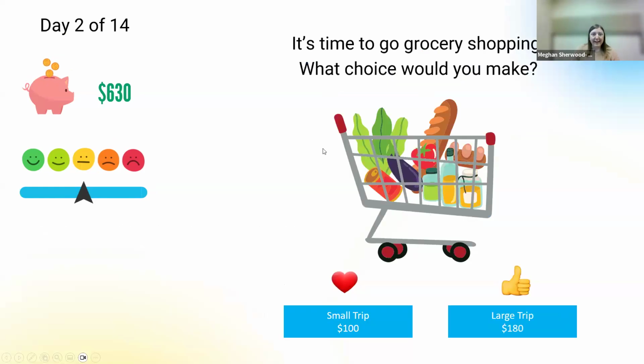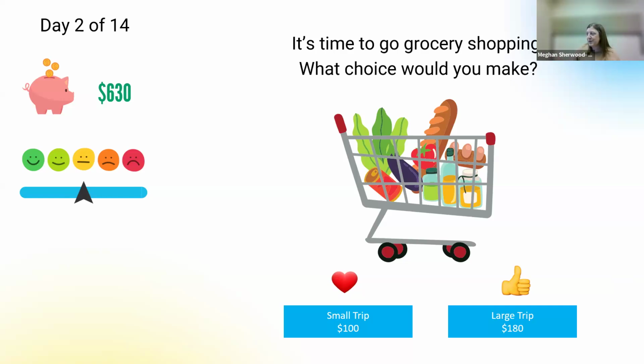So we're on day 2. We have our $630 there. It's time to go to the grocery store. The fridge is empty, the pantry is empty, and we need to do some grocery shopping. This is where we get to make some choices. What type of grocery shopping would we like to do? Do we want to have a small trip for $100, knowing that we might have to go back again?